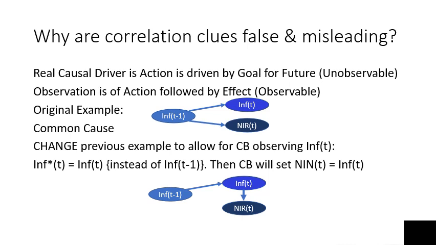So both of these are just created by small changes in surface manifestations. In the original example, the central bank is unable to observe current inflation, and in the new one it is able to observe current inflation, and that causes a big change in the causal structure. But the real causal structure, what the central bank is doing in order to achieve its goal, does not change at all. So the correlations lead to misleading causal path diagrams.